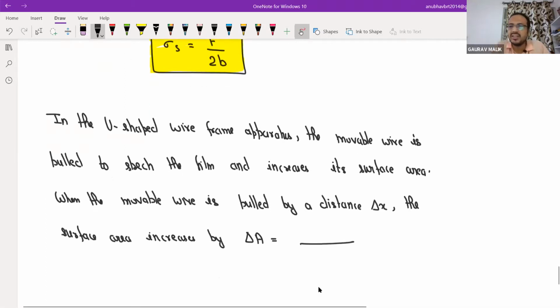Wake up, my dear friends. The increased area of the film, if the displacement is delta x.